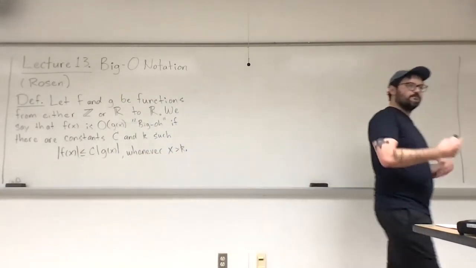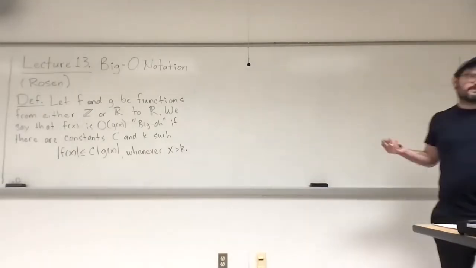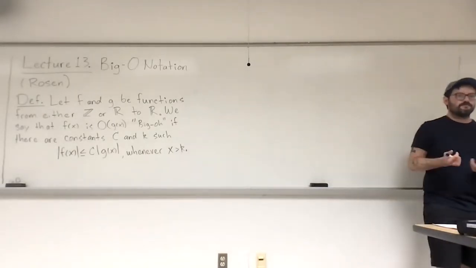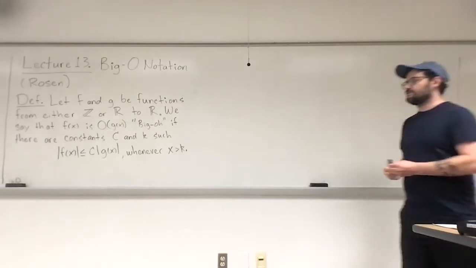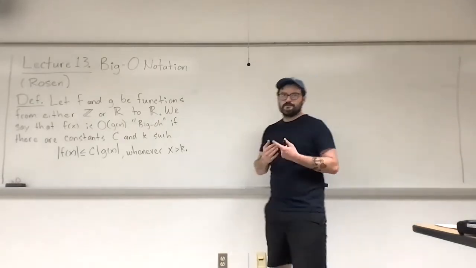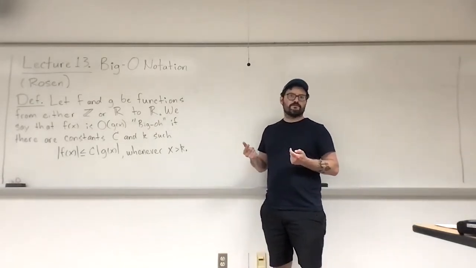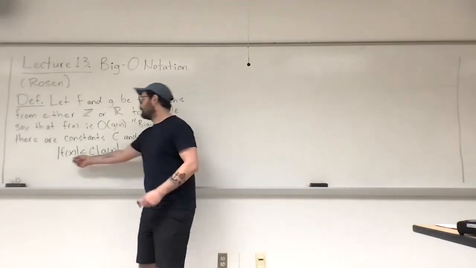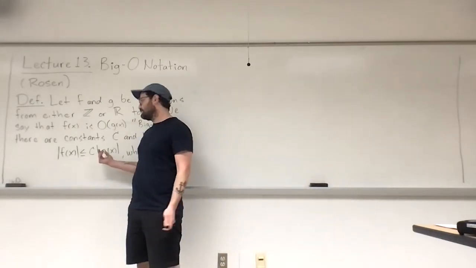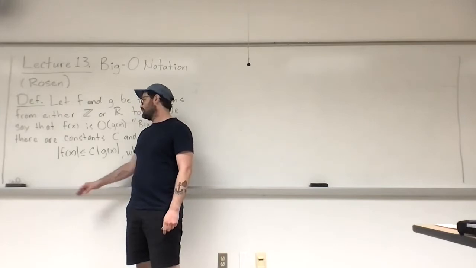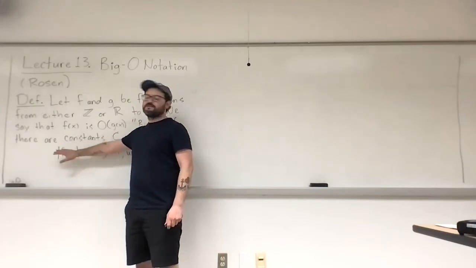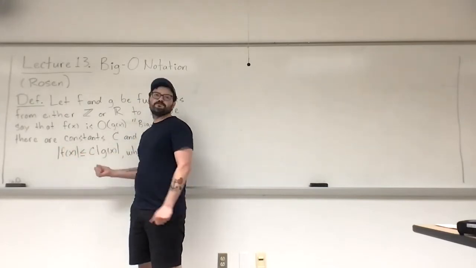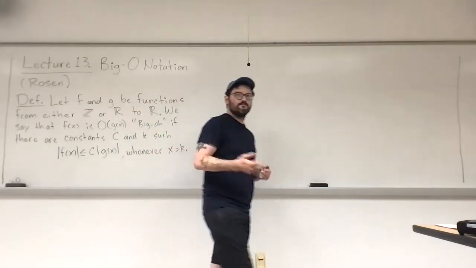If there's some cutoff where they're no different than a constant multiple, like this one's no more than that, then we have a way of describing this one's behavior in terms of this one. That's the whole point of the idea.